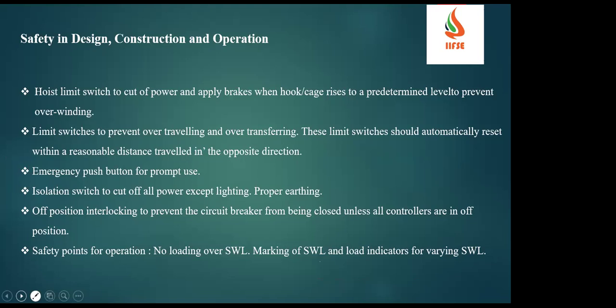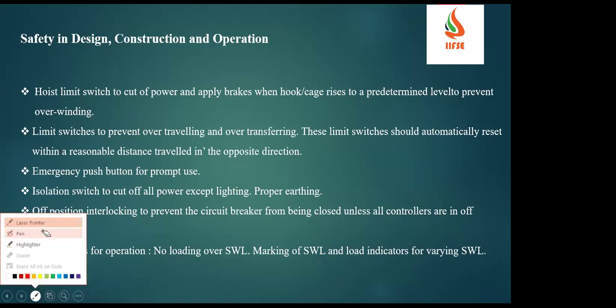When overwinding happens, if you take an example of an EOT crane, generally we have a limit switch.